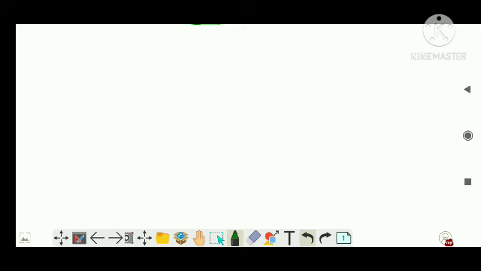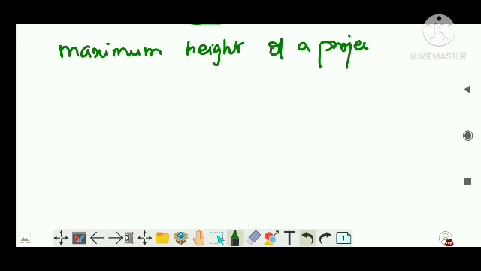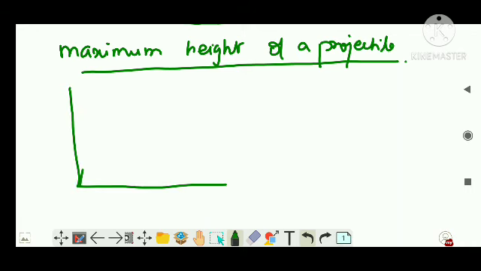Now let's move on with the next section, that is maximum height of a projectile. That is how much high it can move from its position. Clear? Now, let's say a diagram is drawn like this.